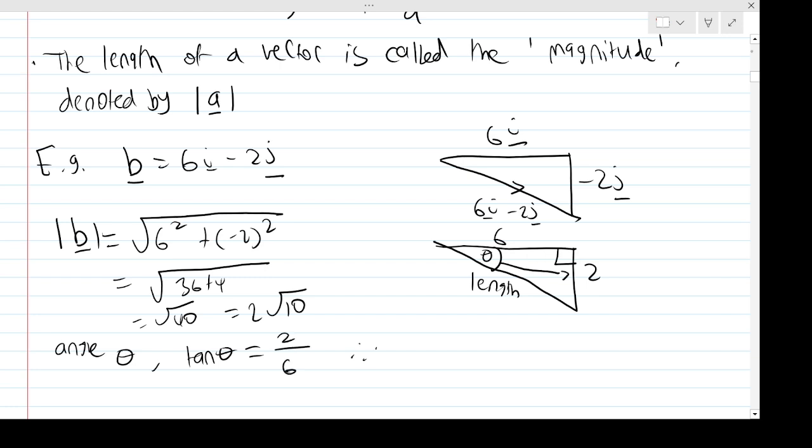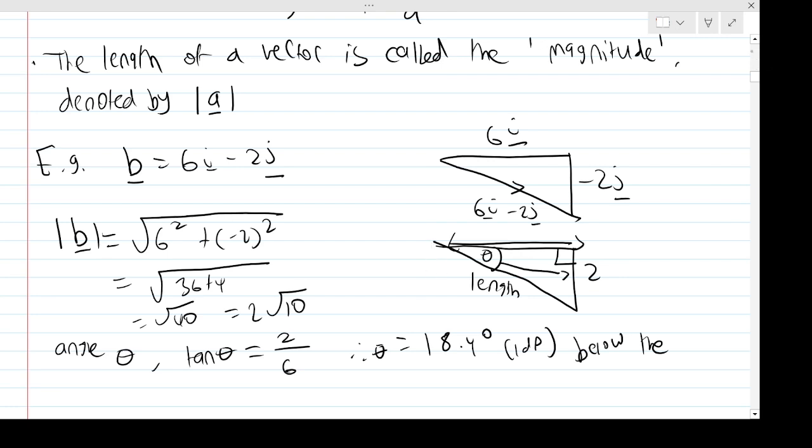So if we do inverse tan of 2 over 6, we get 18.4 degrees. Okay, so that's my trajectory, that's the angle it makes. And more specifically, to 1 decimal place, I can say it's going to be below the x-axis, right? Because if you think about it, the x-axis is the x part, and then we're going below it. So it'd be below the x-axis, okay?